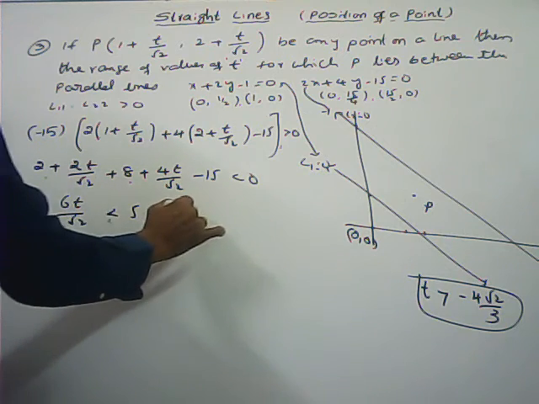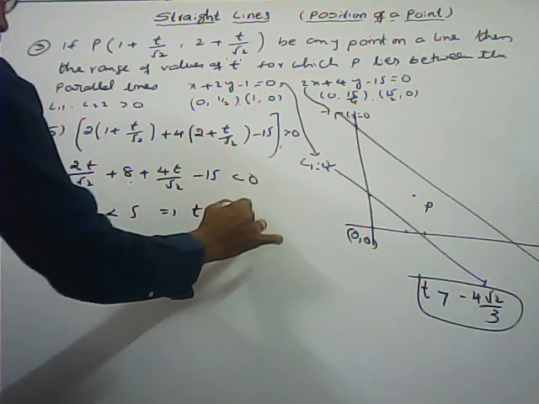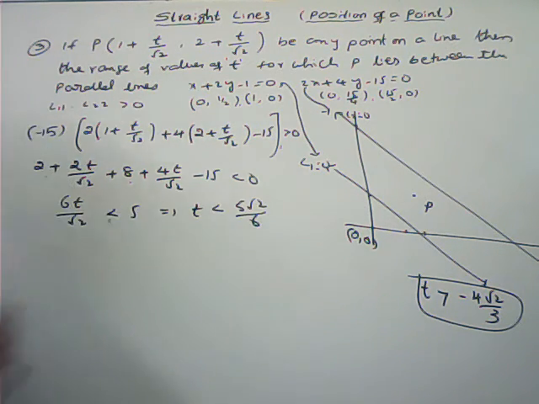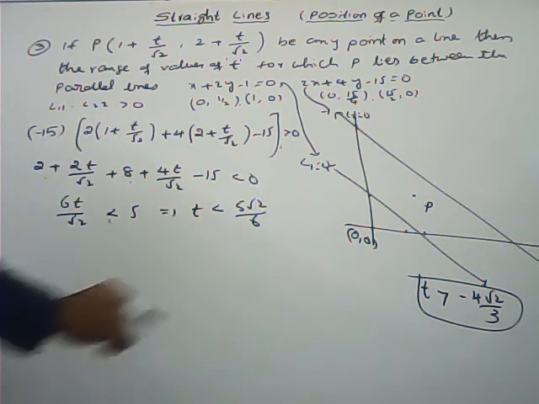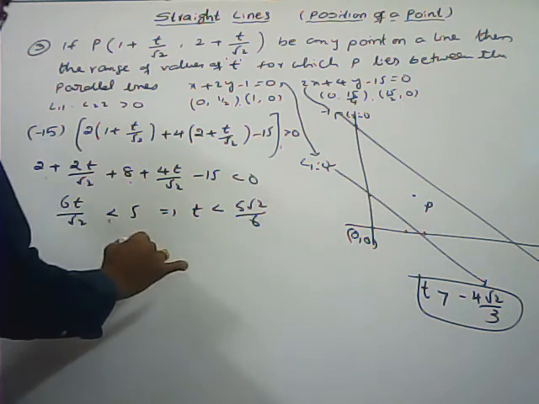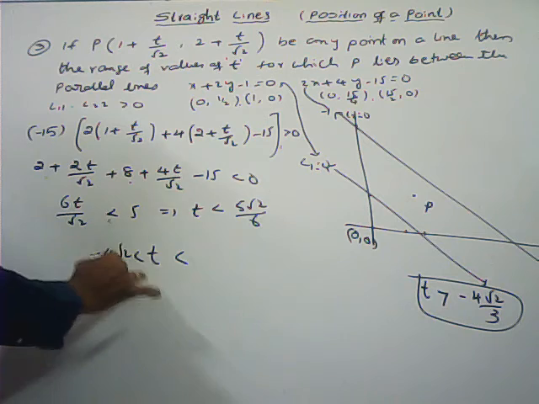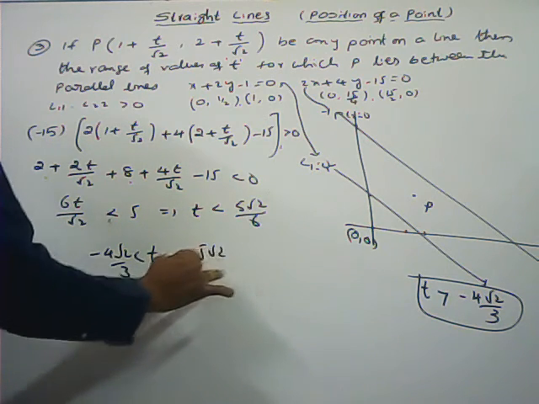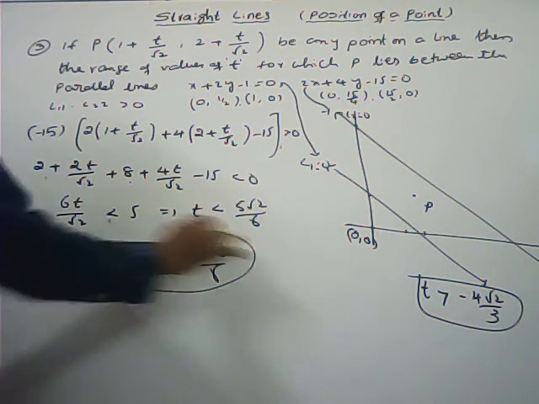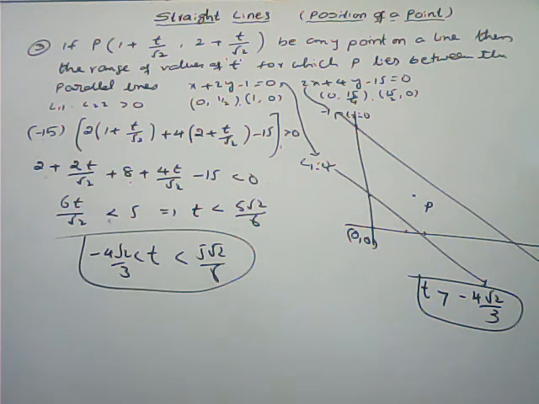That implies t is less than 5 root 2 by 6. So t is more than minus 4 root 2 by 3 and less than 5 root 2 by 6. For these values of t, that point lies in between both the lines.